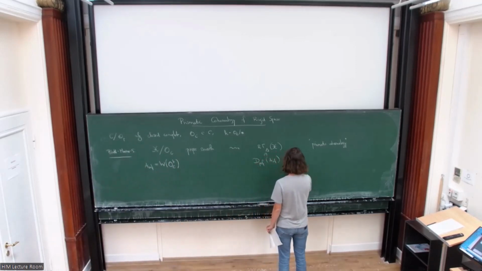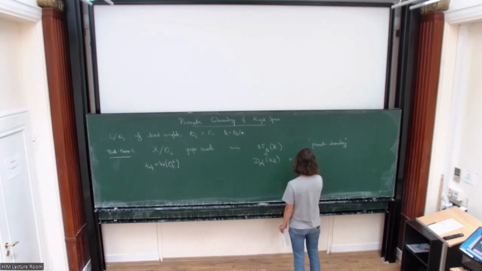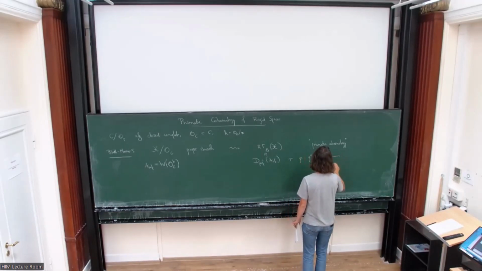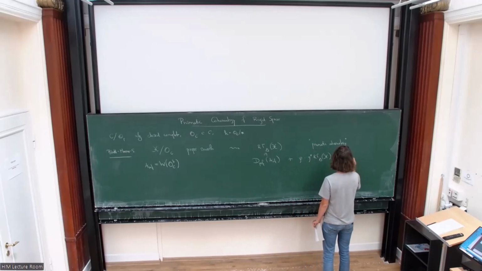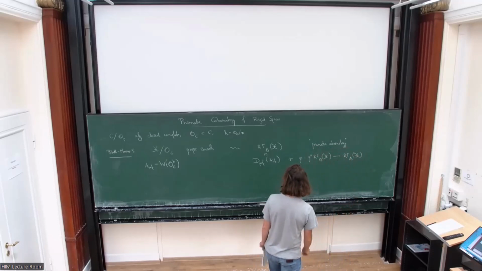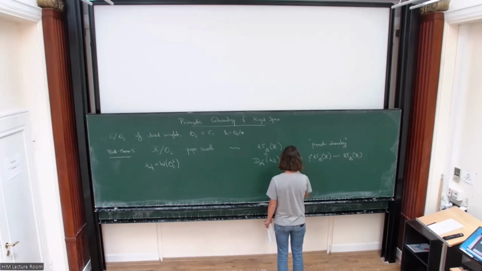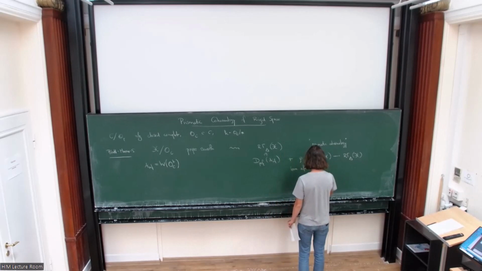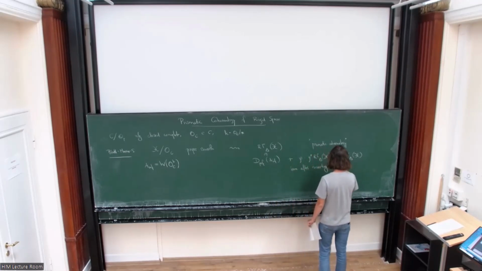And it also comes with the Frobenius, which becomes an isomorphism after inverting.